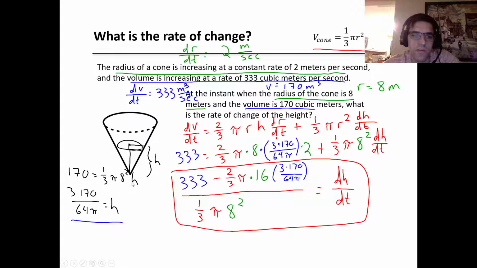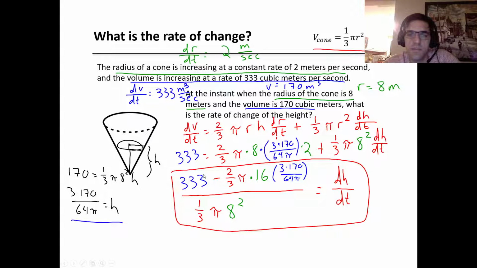And then we want to solve for h, because nowhere in our information are we given the height at this point in time. So because it has pi in there, when we solve for h, we just get this nasty 3 times 170 over 64 pi. Gross. Don't like it, but whatever. We'll tuck that, plug it in for h right there. That's our height. Gosh, it's nasty.